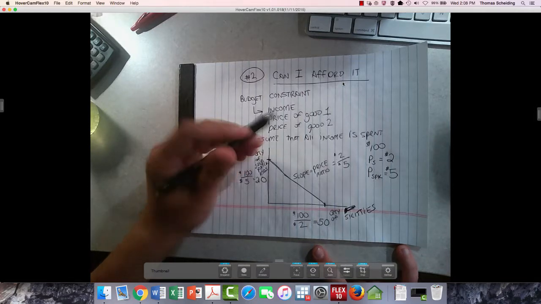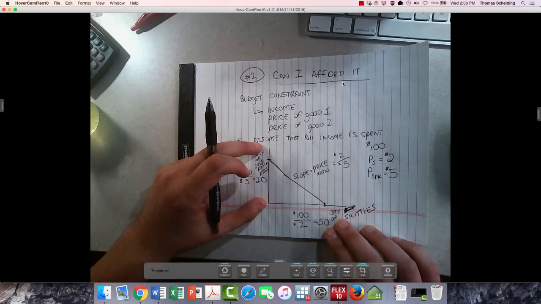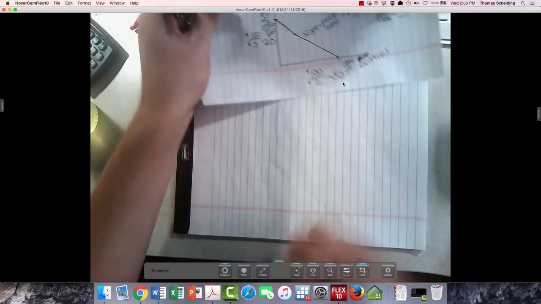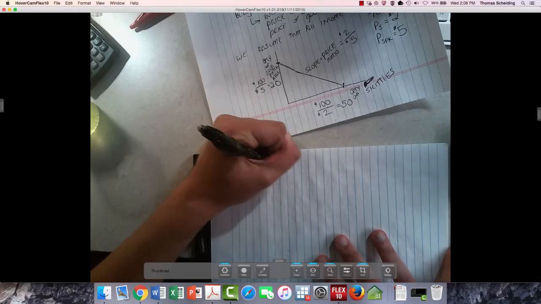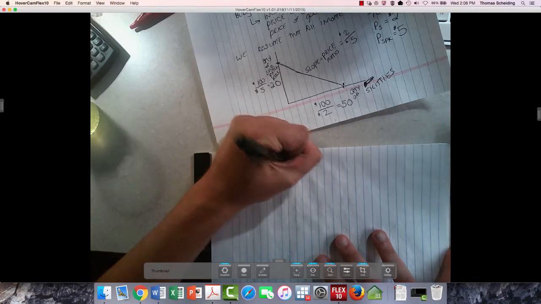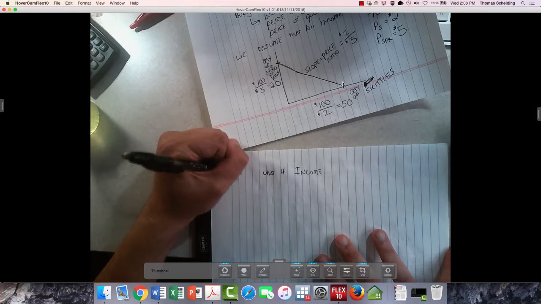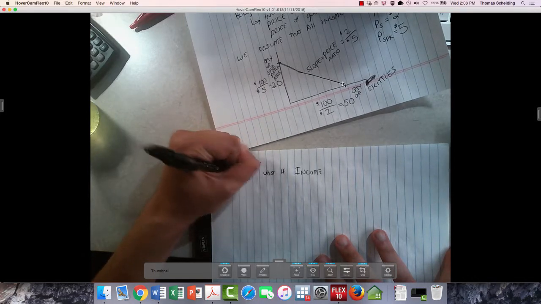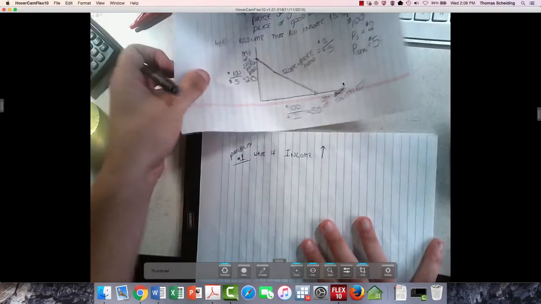Now, let's take this understanding and slightly manipulate things. Let's look at a first scenario, possibility number 1. What if my income goes up?